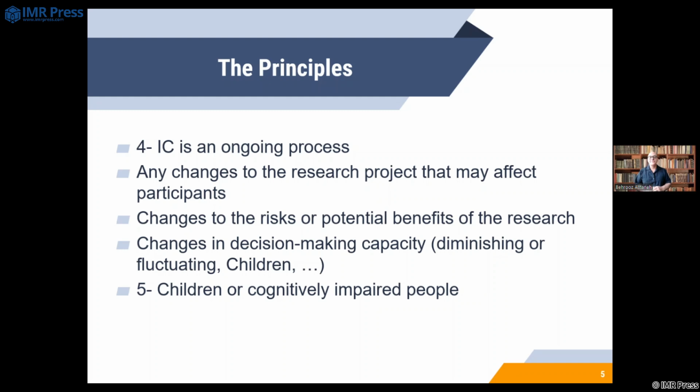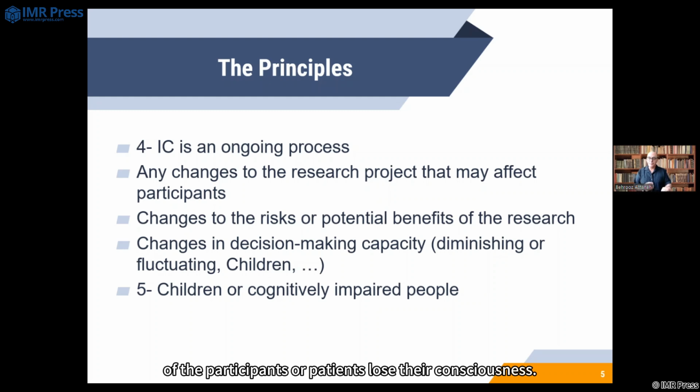So anything that can change the process of your study, for example, changes in the decision-making capacity of the participants, need another approval. For example, you are working on some participants during the process of conducting your study.